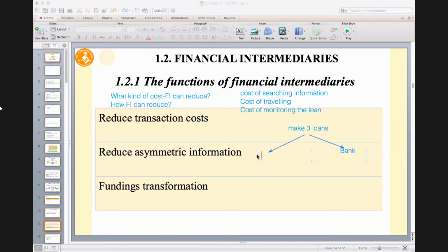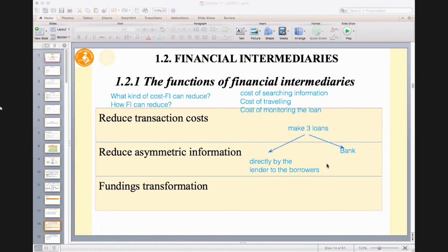And in the second way, 3 loans will be made directly by the lender to the borrower. So the lender, when they give money to the borrower, has to search information. And the bank, when they give a loan to the customer, also has to search information.